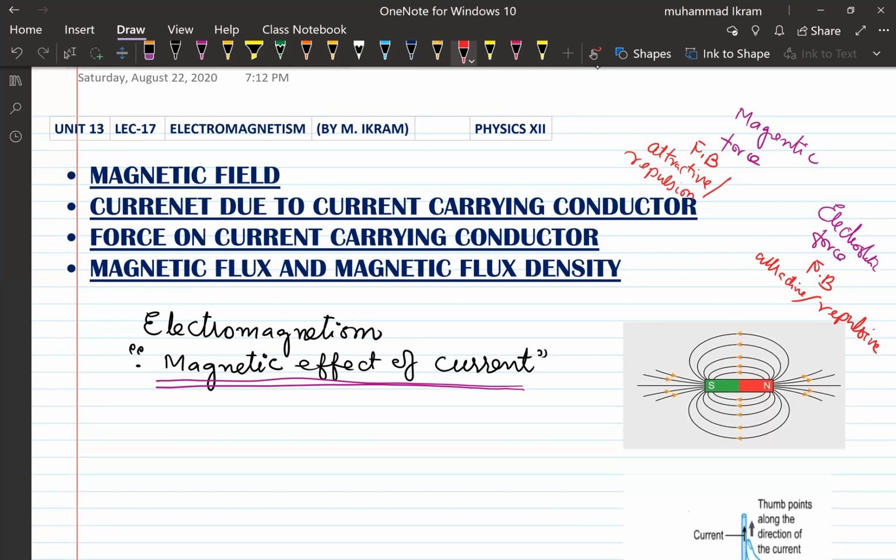It is due to the interaction of the fields between two charged particles, the positive charge and the negative charge, right? And here, of course, the North Pole and the South Pole.